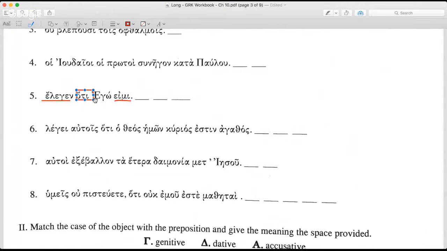Uni, and then ego is what? I. This first nominative pronoun. So we're going to translate this as what? He was saying, I am.